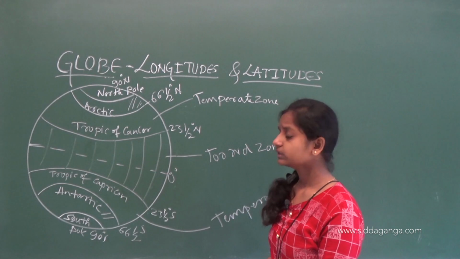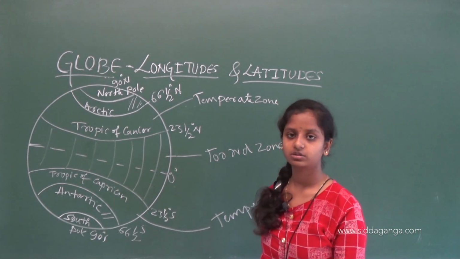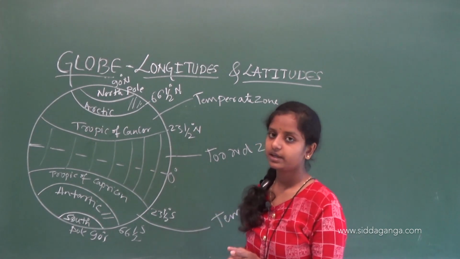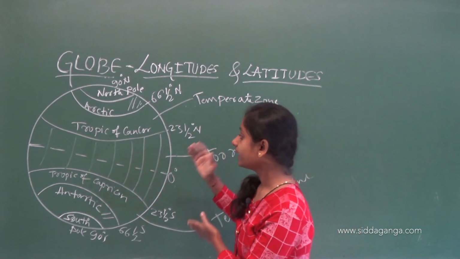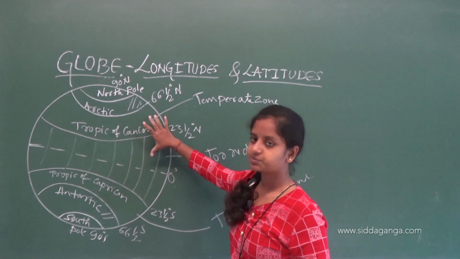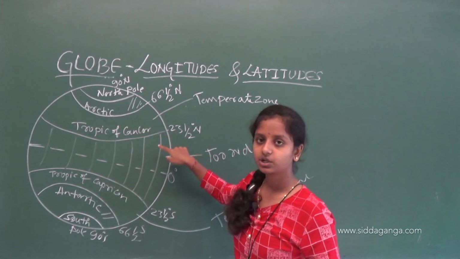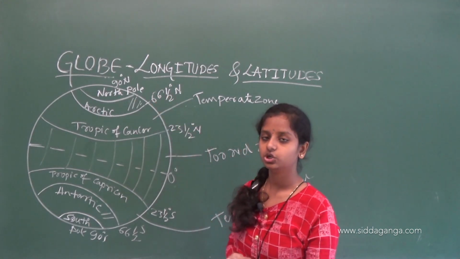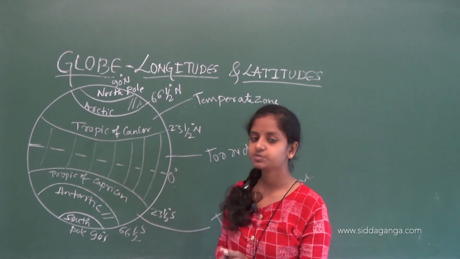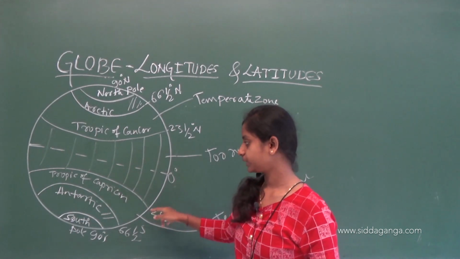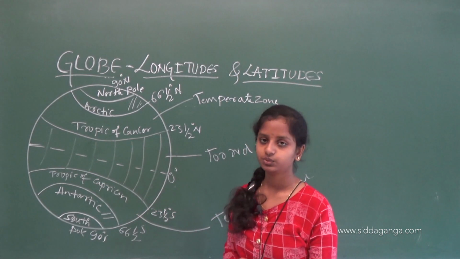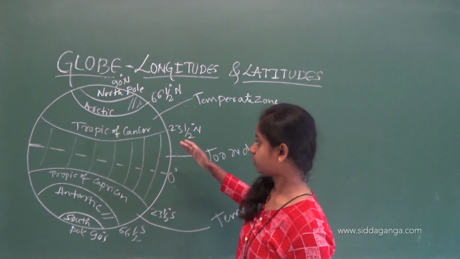The north part is called the northern hemisphere and the south part is called the southern hemisphere. In the northern hemisphere we see the Tropic of Cancer, the Arctic region and the North Pole. In the southern hemisphere we see the Tropic of Capricorn, the Antarctic region and the South Pole.